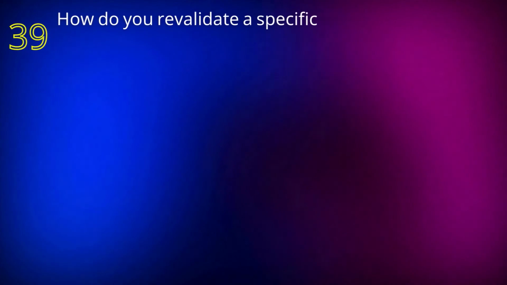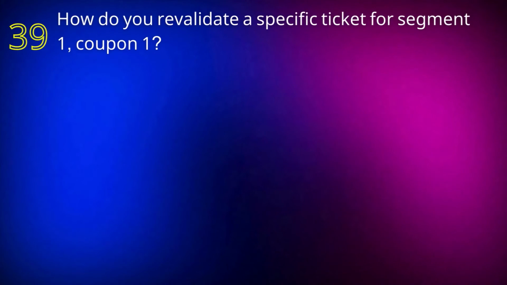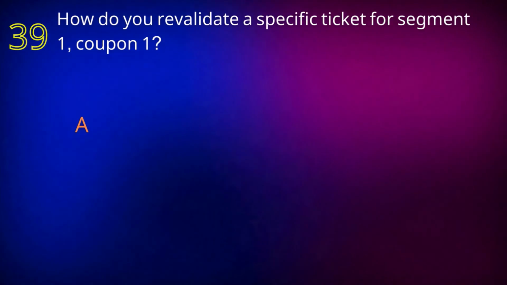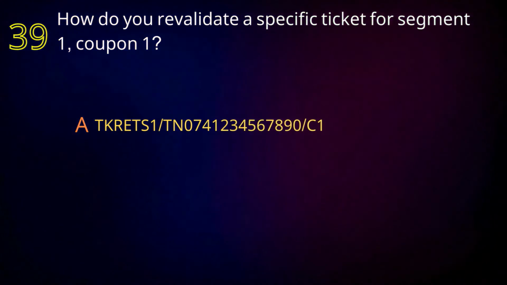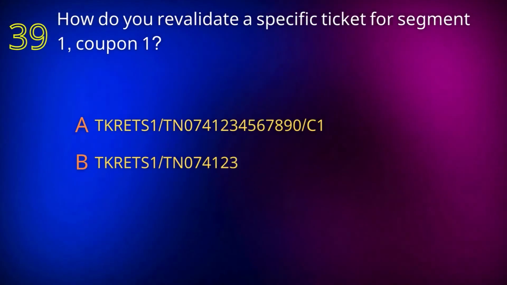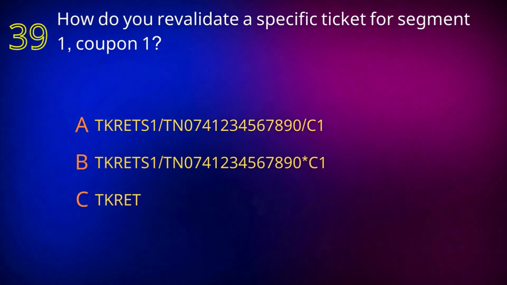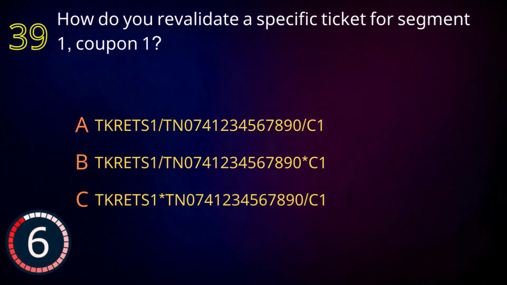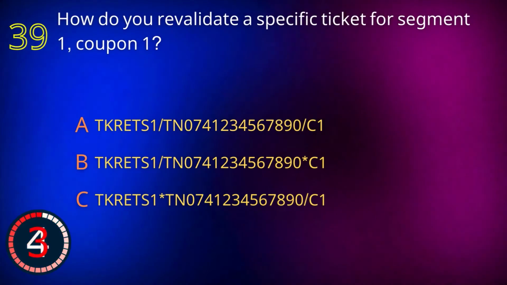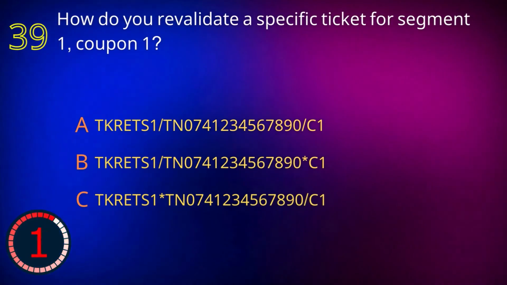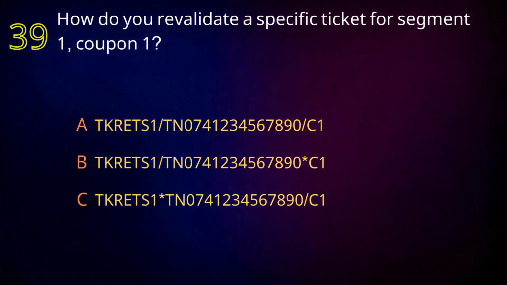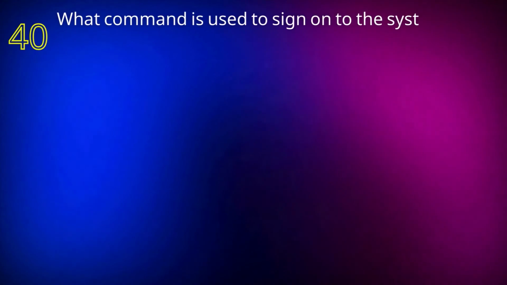How do you revalidate a specific e-ticket for segment 1 and coupon 1? What command is used to sign onto the system?